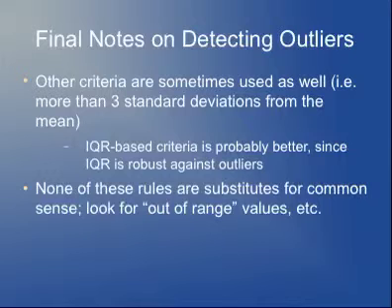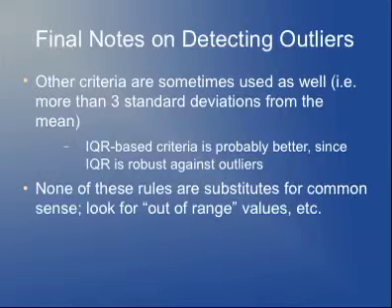So if you have a really bad outlier and you use the criteria based on the standard deviation, it may not look like that bad of an outlier, because the fact that it's an outlier made your standard deviation very large. But that's sort of beside the point.